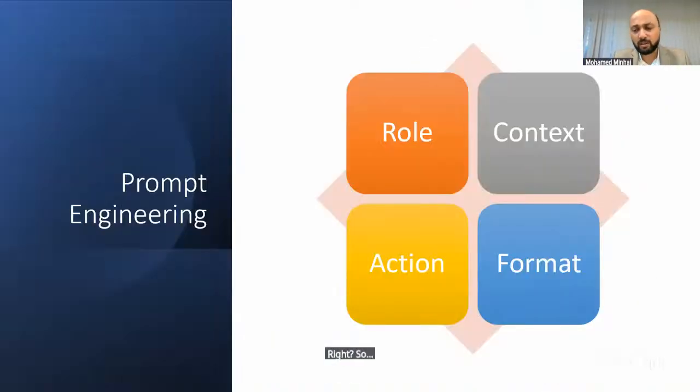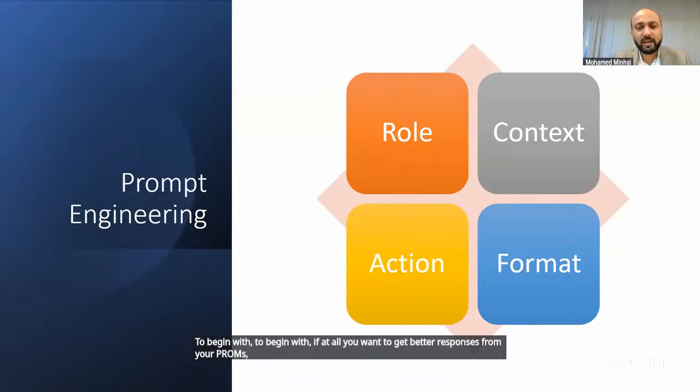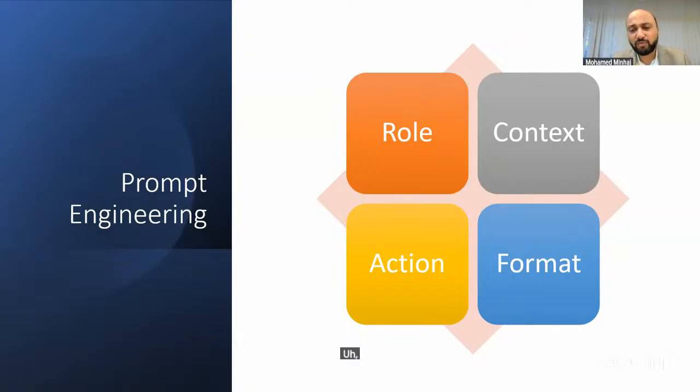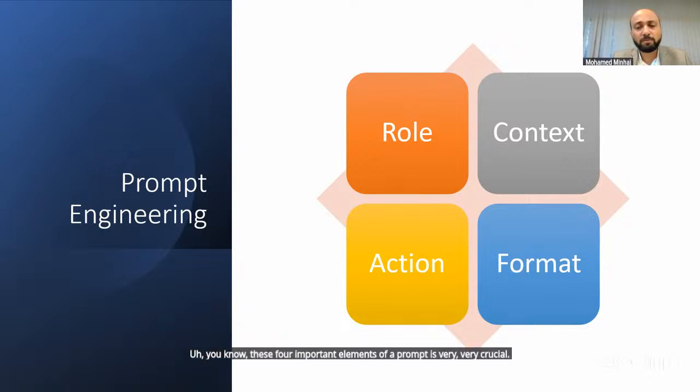So to begin with, if you want to get better responses from your prompts, understanding these four important elements of a prompt is very crucial. If a prompt has been anchored with a role, I repeat, anchored with a role, that means it has been assigned a role, enriched with context, and triggered with a particular action, then it can do wonders.